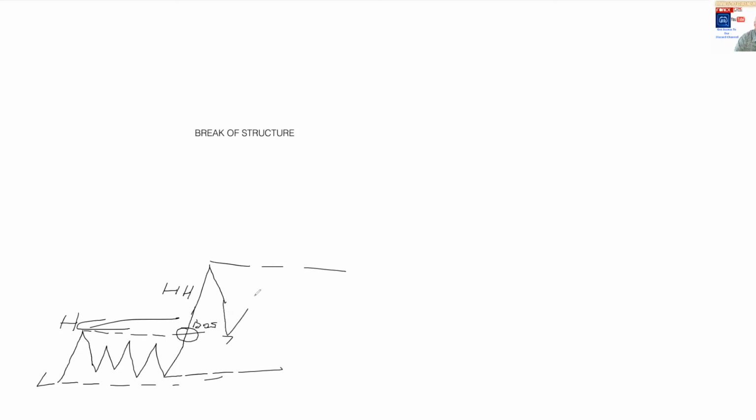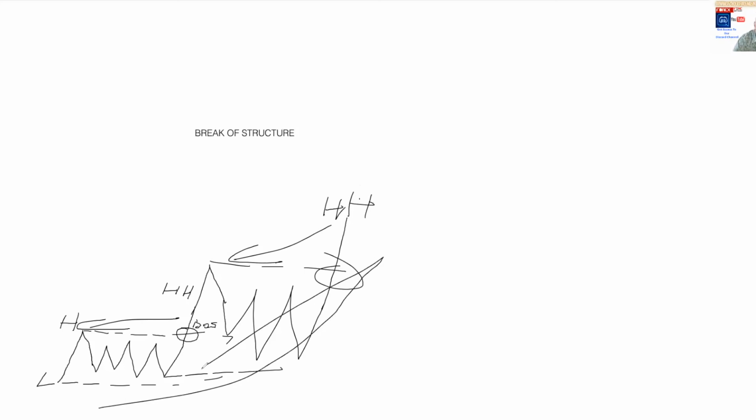And again, it can do what it wants inside of it. It's not until, on the uptrend, if it surpasses that, it then breaks the structure of this higher high, creating a new higher high, okay? That then becomes the uptrend.